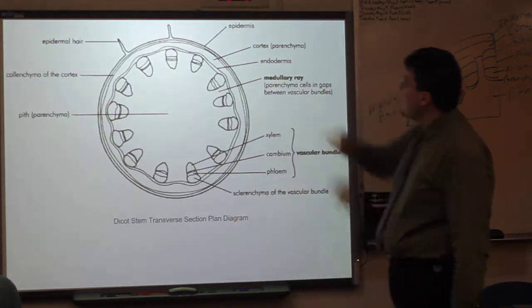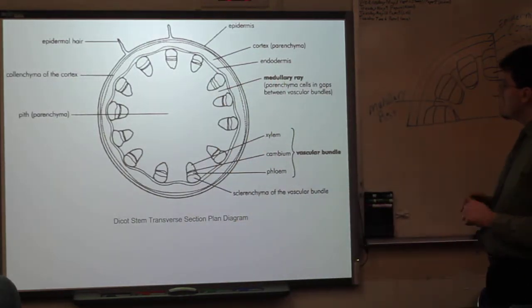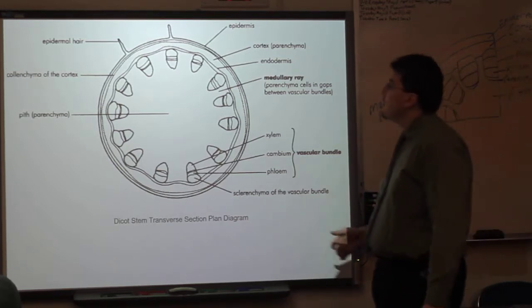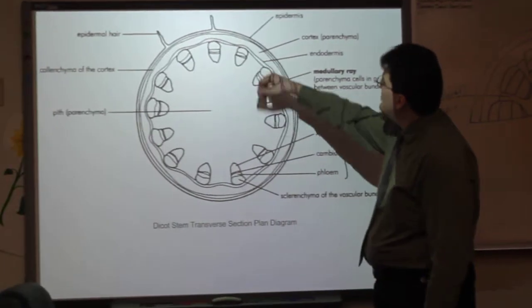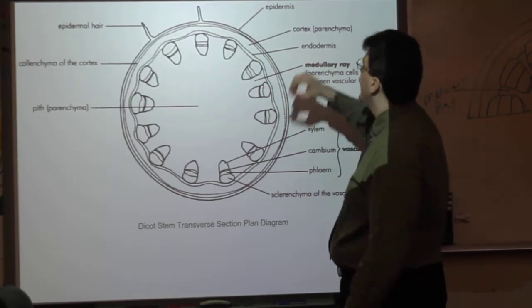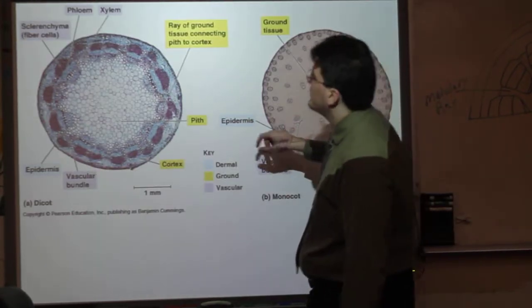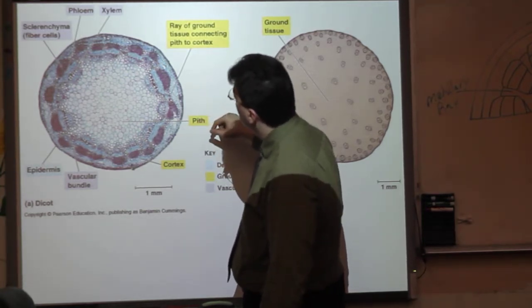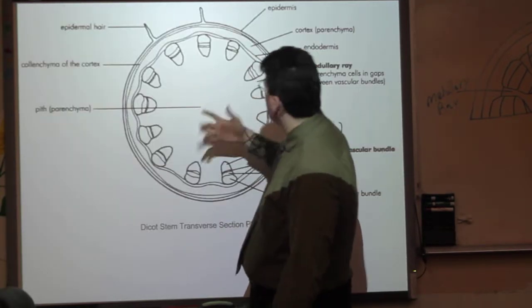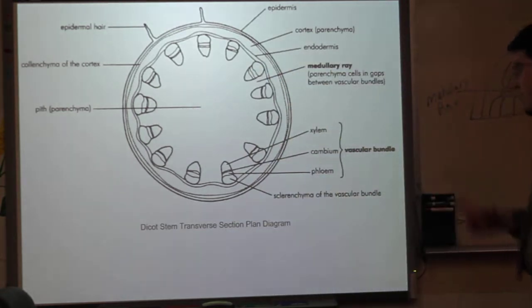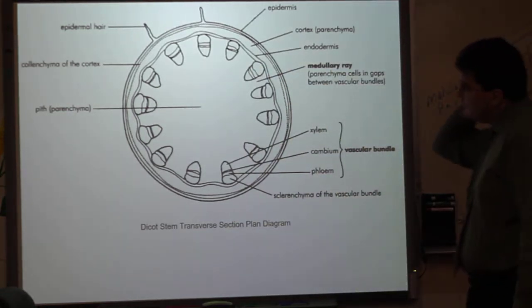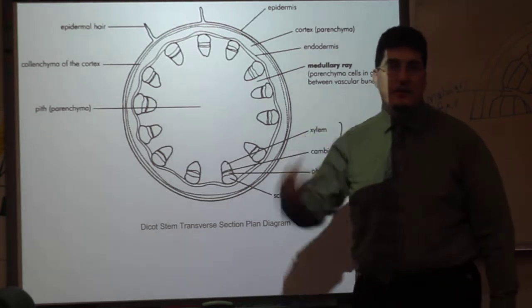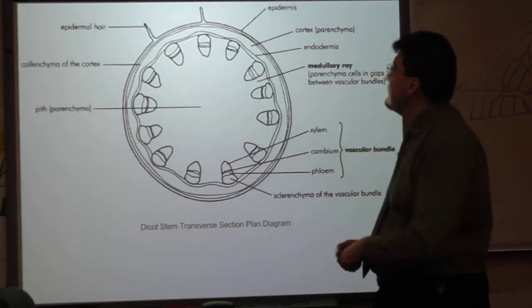Now, here we have a plan diagram that's slightly less weird looking than mine. So we have our medullary ray, we have our endodermis, we have our cortex. Oh, this one shows an endodermis, which is not actually shown. There isn't one here, but okay. Now, endodermis may or may not be present. It's unlikely for you to find one in a Cambridge question.